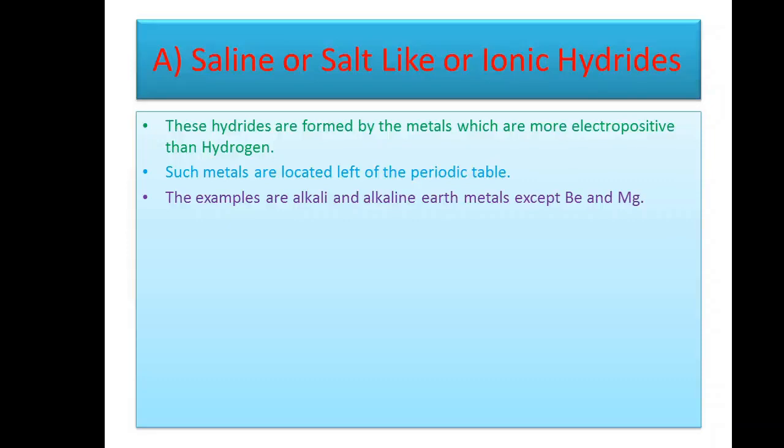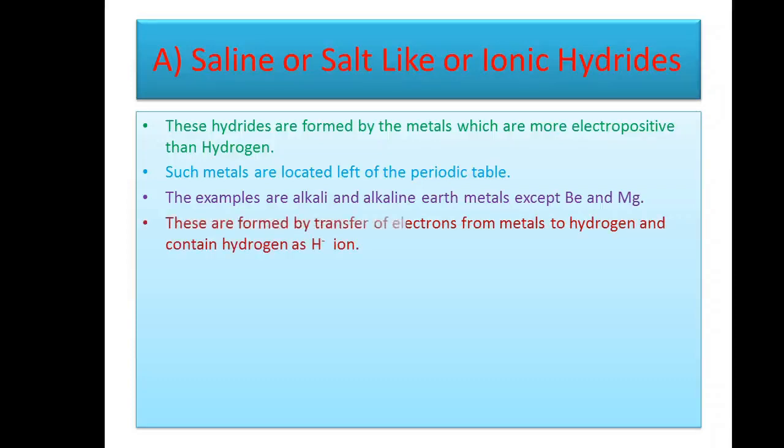Be means beryllium, and magnesium does not form hydrides. These are formed by transfer of electrons from metal to hydrogen and contain hydrogen as H minus ion. Li+ H-, lithium hydride. Ca2+ 2H-, this is calcium hydride.